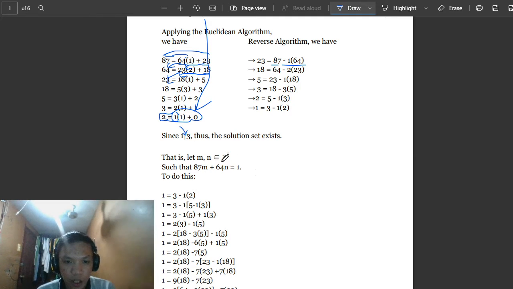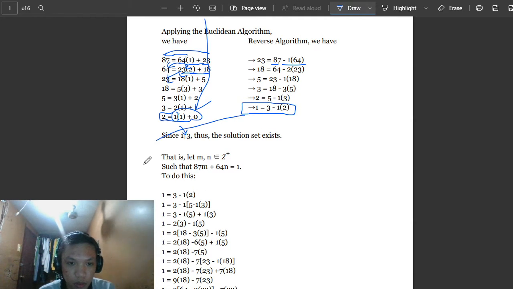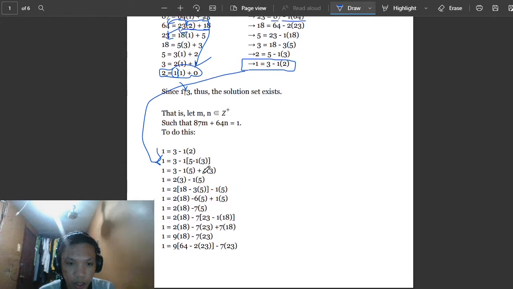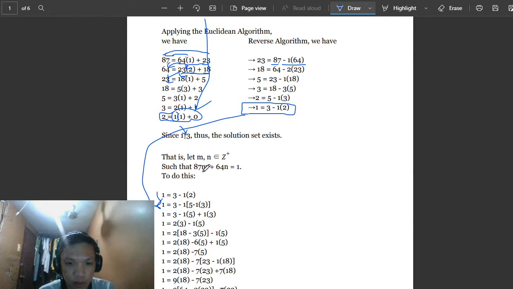We let m and n be variables, elements of the integers, such that m times 87 plus n times 64 equals 1. We use the equations here in the reverse algorithm, then solve for it.